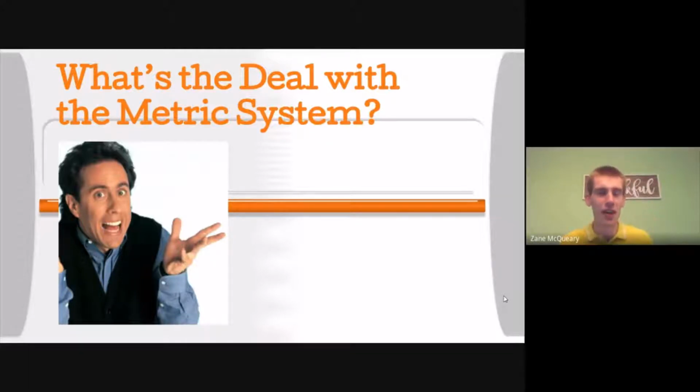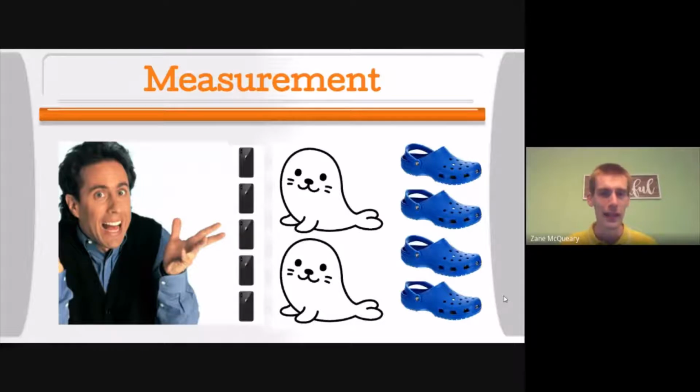Well, imagine we're trying to measure Jerry, to see how tall he is. Well, you can do that a few different ways, right? You could measure how tall he is in iPhones, or maybe measure him in baby seals, or measure him in Crocs, right? And the problem with all of those is that they can all be different. You might have a really big baby seal, you might have a really small baby seal.